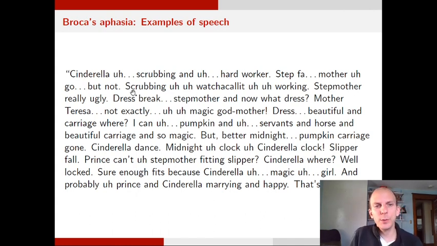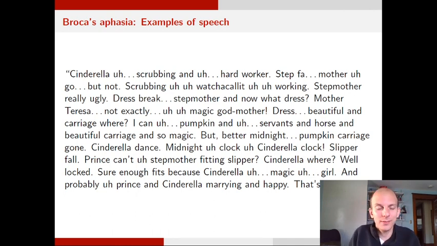Stepmother go but not, right? They struggle a little bit with word recall, but even more so, they struggle with syntactic structures. We find that the syntax is off. They eventually get there on the words, but they don't get to fluent grammatical structures.